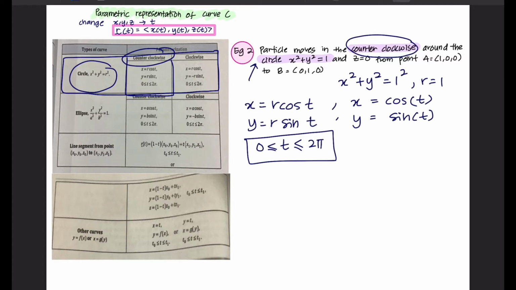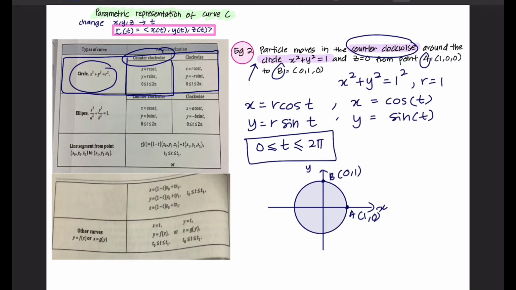How about the limit? For this question, the particle moves from point A to B only. A is here, (1,0), and B is here, (0,1). So the particle moves from A to B only, so the value of t is from 0 to pi over 2 only. Pi over 2 equals 90 degrees.